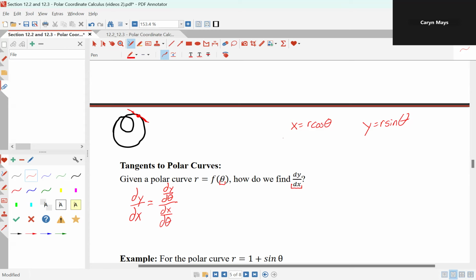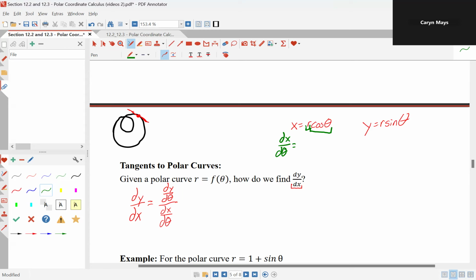Looking at our variable expressions up here, x equals r cosine theta. That means dx d theta, our derivative in theta. Well, there are now these two functions. There's r, which is r equals f of theta, and there's cosine theta. This is a product of functions, meaning we need the product rule.